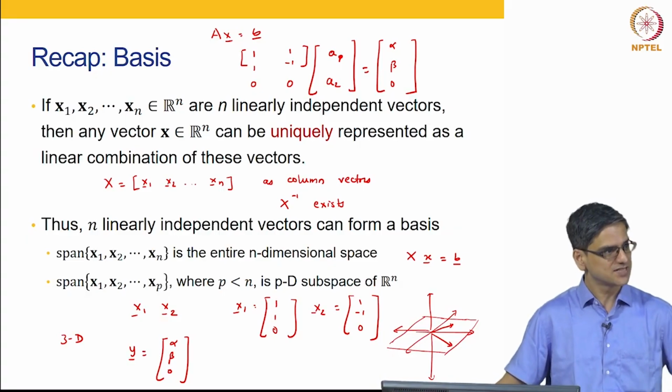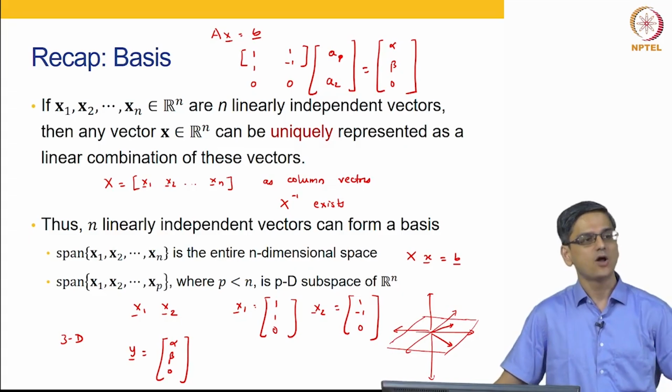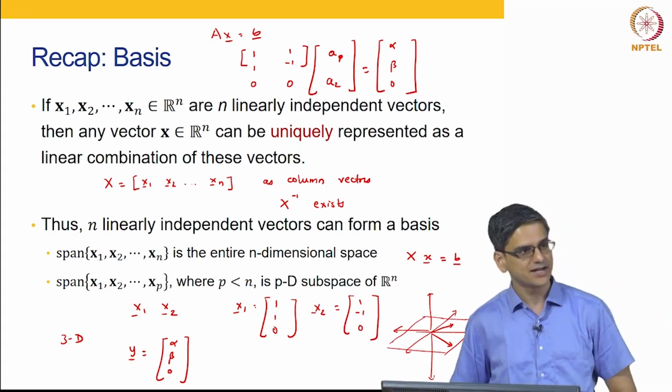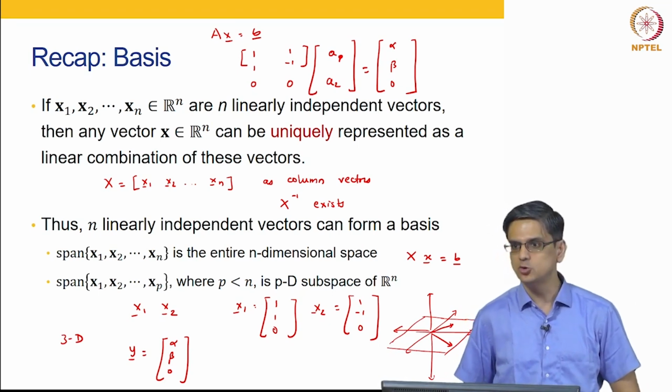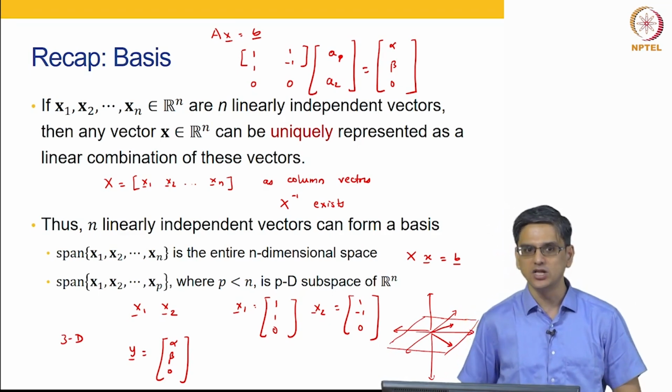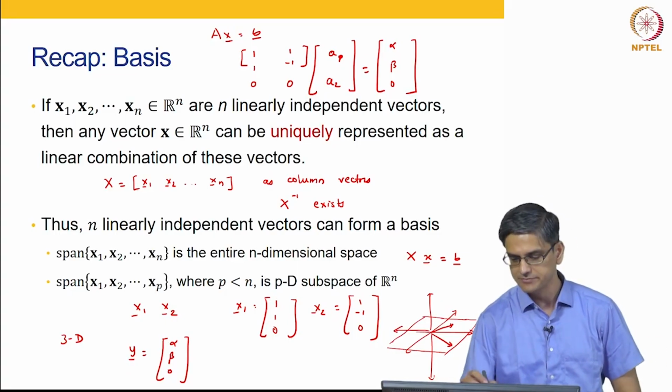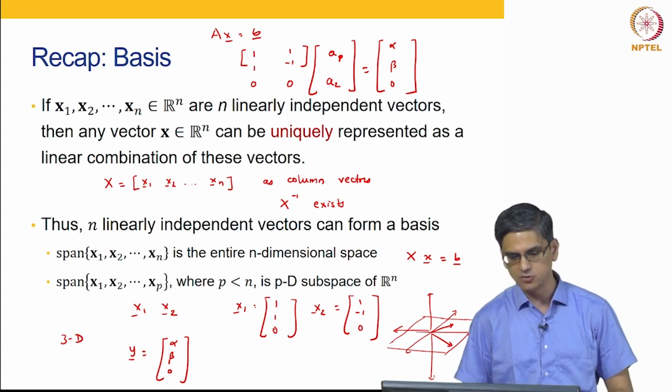Because both of these are satisfied, there is a unique solution, okay. And all possible linear combinations of x1 bar and x2 bar are said to be vectors in the column space of the matrix A. Okay, we will come to that later.